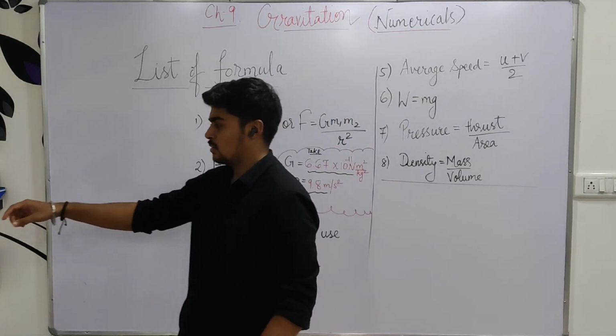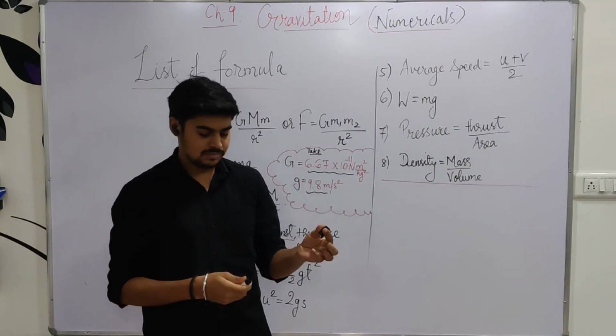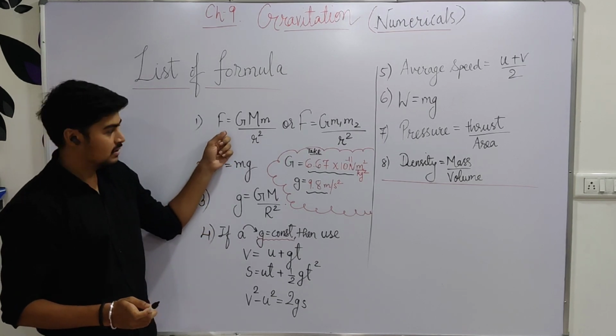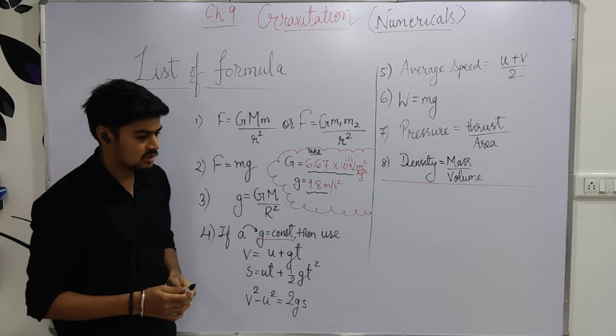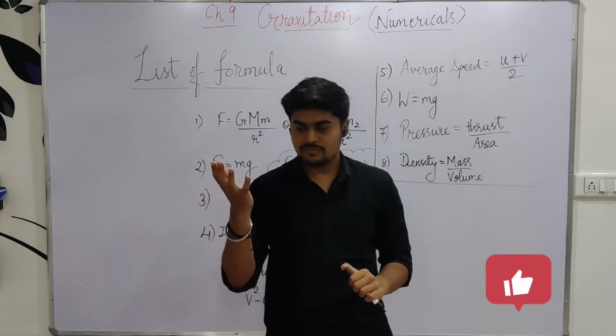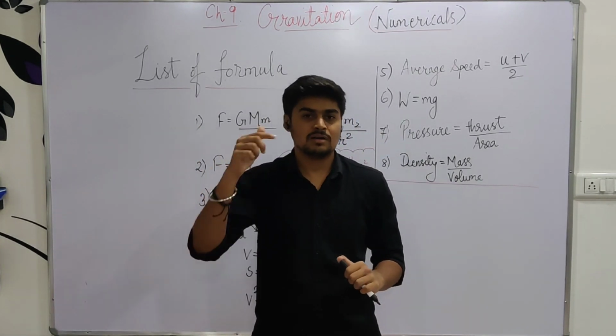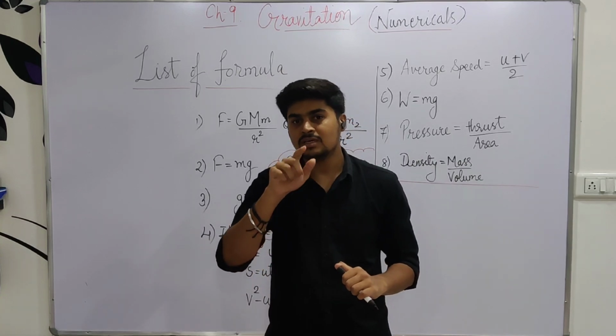If you know what the universal law of gravitation states, then you might be aware of the first formula, which is gravitational force F is equal to G m M upon r square. For example, if capital M is the mass of the earth and you are on the surface of earth, your mass will be small m.